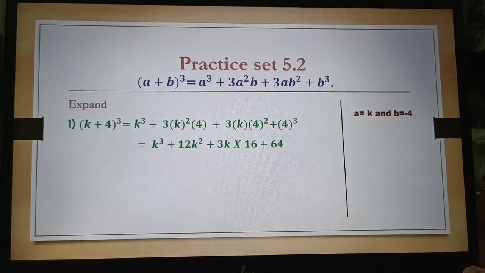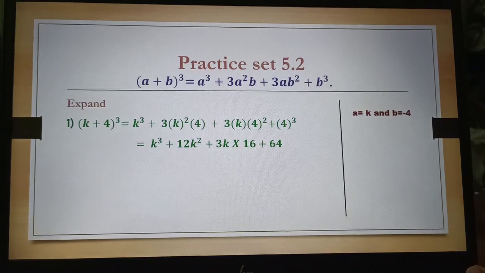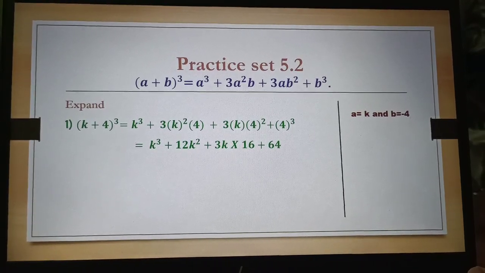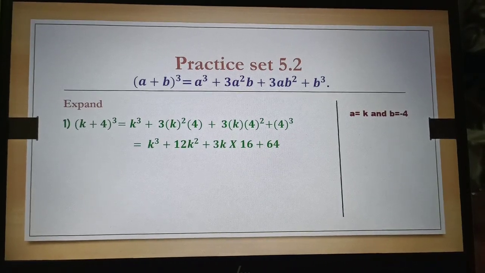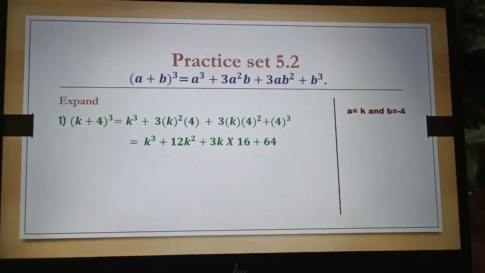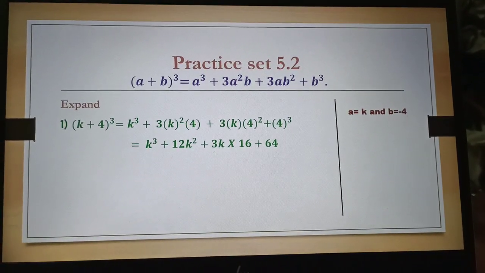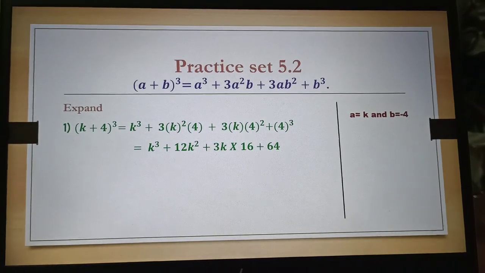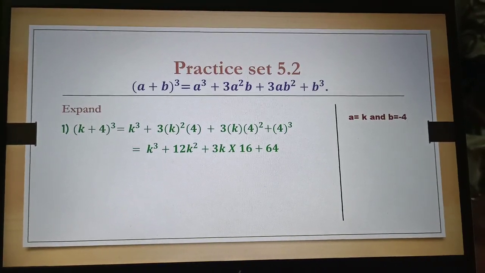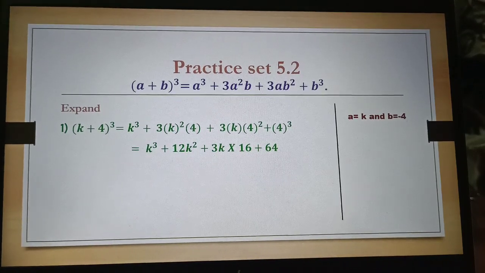So k cube, then multiply the numbers, 3 fours are 12, so 12k square. Then the third term, multiply 4 into 2 times, that is 4 fours are 16. Now multiply all the numbers, 3 into k into 16. Then the last one is 4 cube. 4 cube means 4 should be multiplied 3 times, that is 4 into 4 into 4, so the answer is 64.